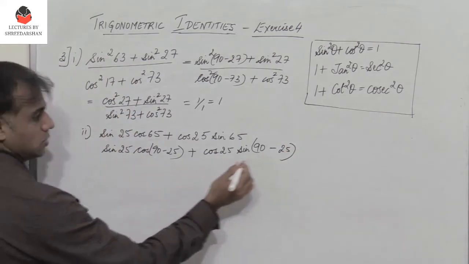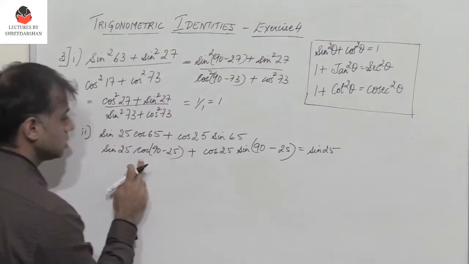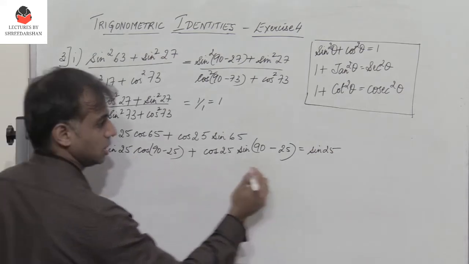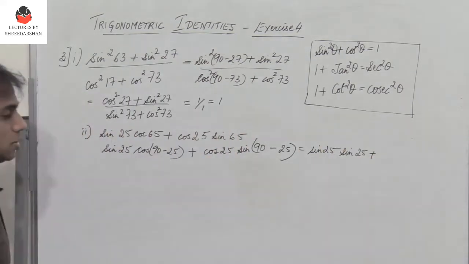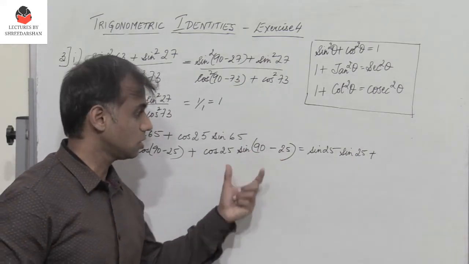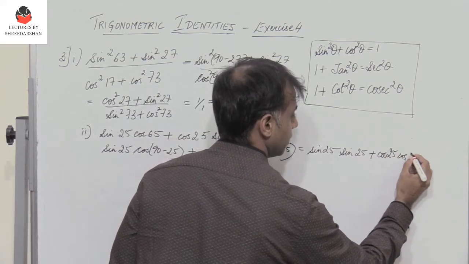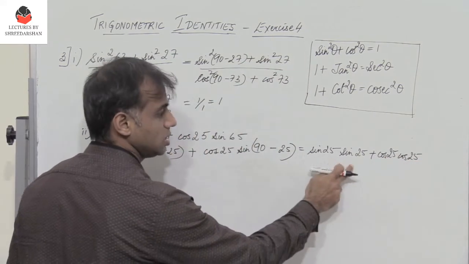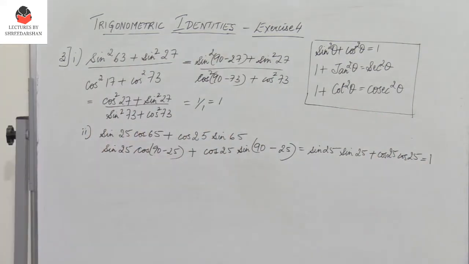So here I get sine 25, since cos of 90 minus theta is sine theta. So again I get sine 25, plus here I have cos 25. This is sine of 90 minus theta, so this is cos theta. So I get cos 25 into cos 25. So this is sine square 25 plus cos square 25, wherein I get 1 as the answer.